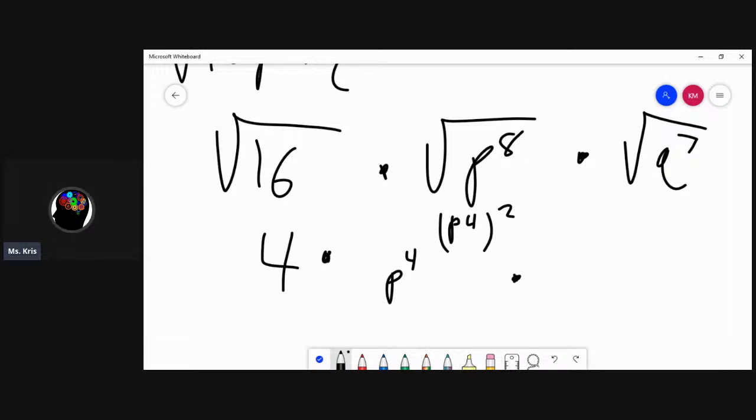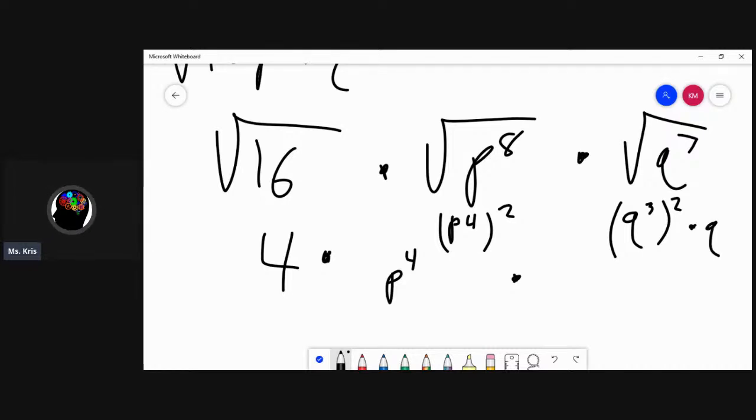Then we have the square root of q to the seventh. If you remember yesterday, if the exponent is odd, you take one of them out and break it down to the lowest term. So q to the seventh is q to the 3 raised to the second power times q.